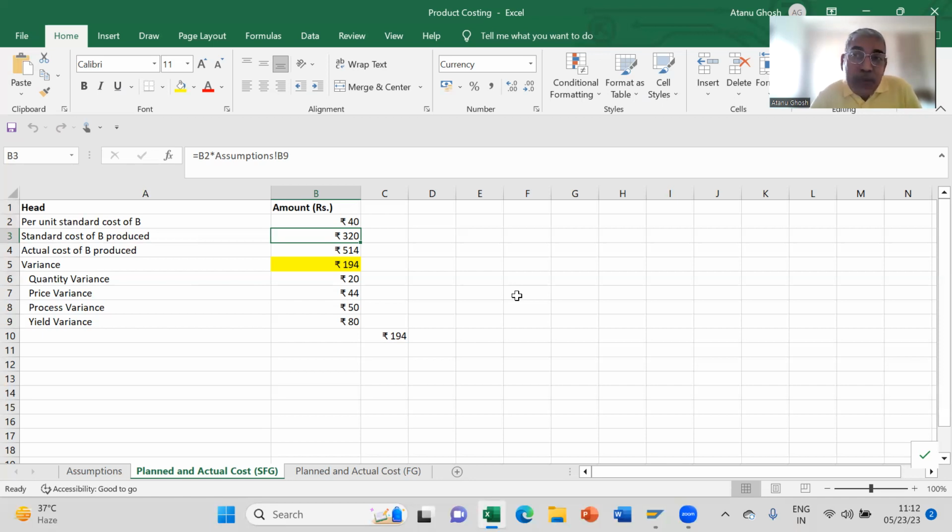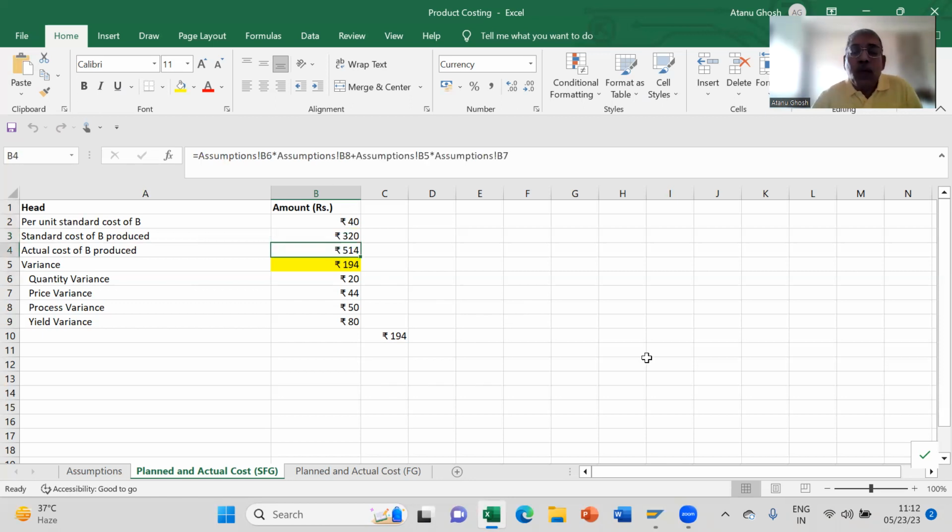That means if I have 8 units of B in stock, I have a current asset worth ₹320, which is the standard cost of B, not the actual cost. We'll understand why this change and why this is the recommended way of showing the inventory value. Before that, we'll get into the actual cost.